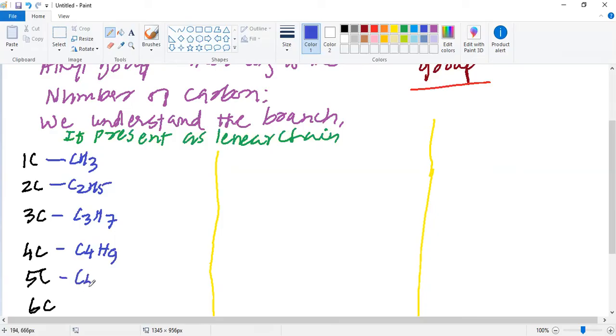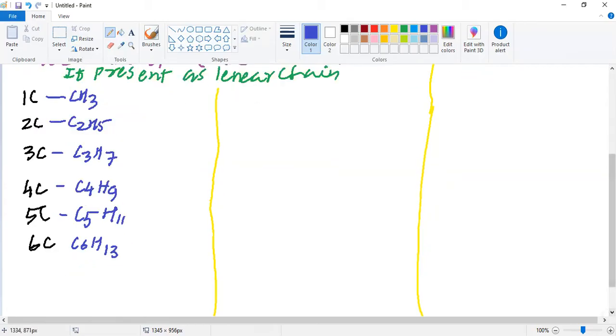For 5 carbon it is C5H11. For 6 carbon it is C6H13. So this is how we write, and we can write their names as you can see here. For this we'll write methyl. For this we'll write ethyl.